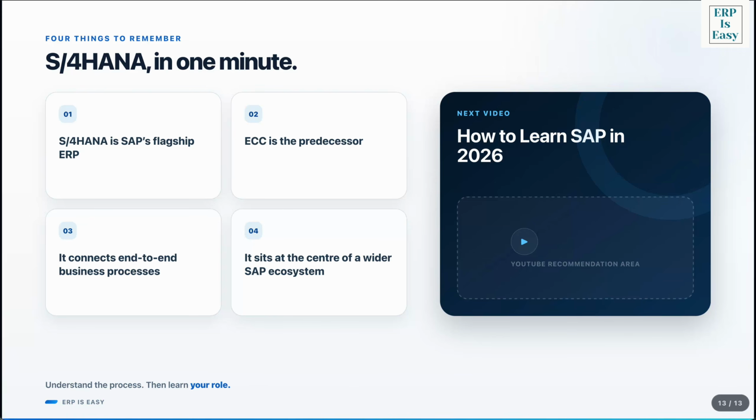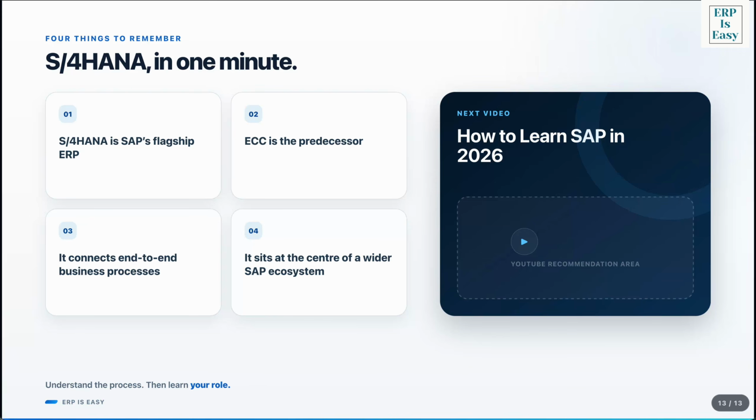But before we finish, let's quickly summarize everything that we learned today. S4HANA is SAP's flagship ERP software and the successor to SAP ECC. It runs on SAP HANA and has a simplified data model, a modern Fiori user experience, and newer capabilities compared with ECC. But more importantly, S4HANA connects the different business processes inside an organization.